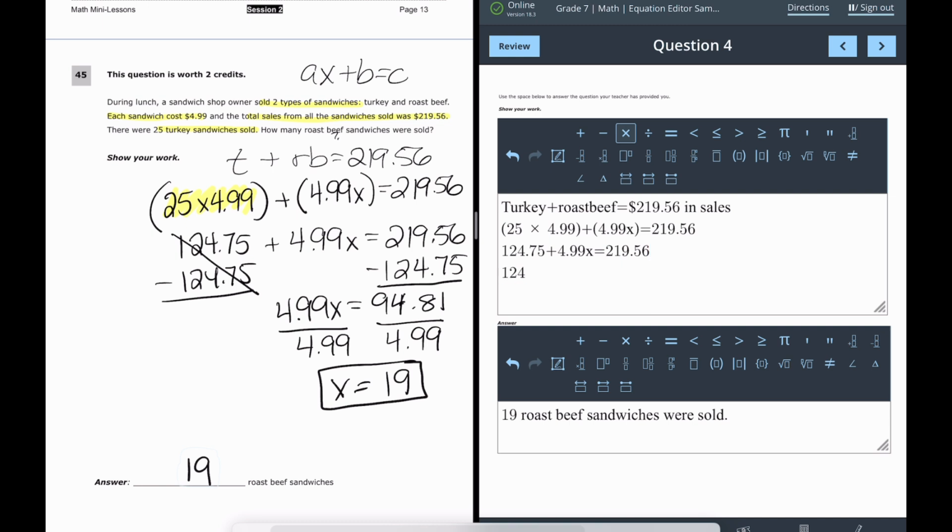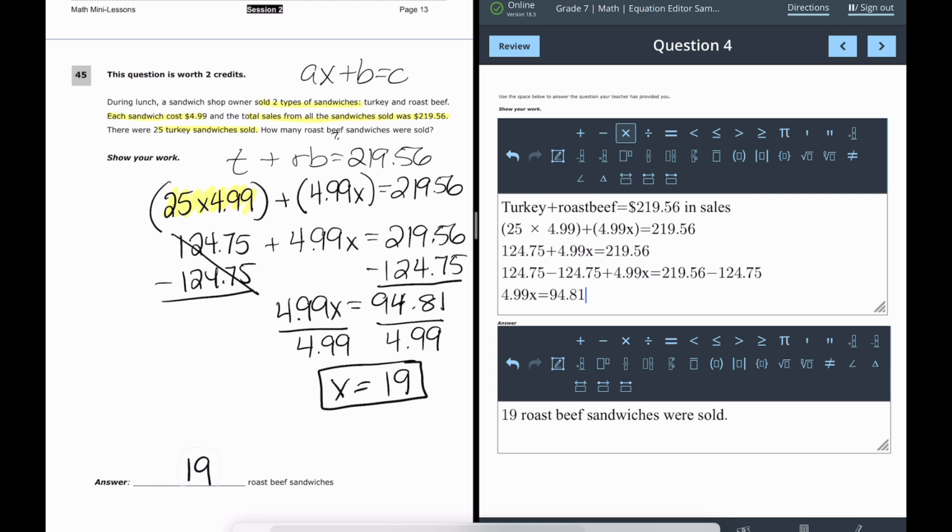So 124.75 plus 4.99x is equal to 219.56, minus 124.75. Okay, so that way we can see what I subtracted the same from both sides, and I got 4.99x is equal to, and I can look back at my work, $94.81.